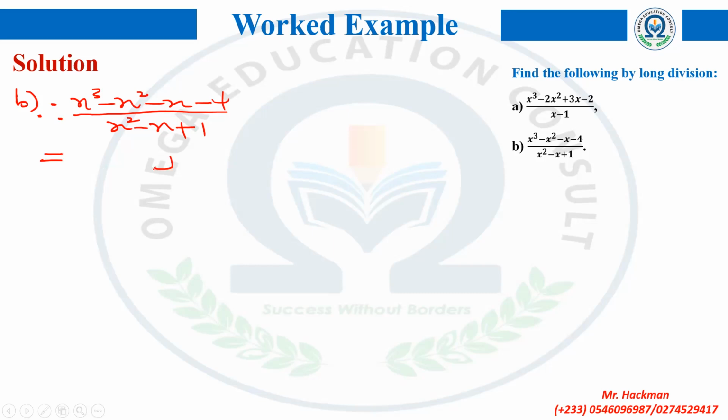My divisor is x squared minus x plus 1. My dividend is x cubed minus x squared minus x minus 4. All correct?